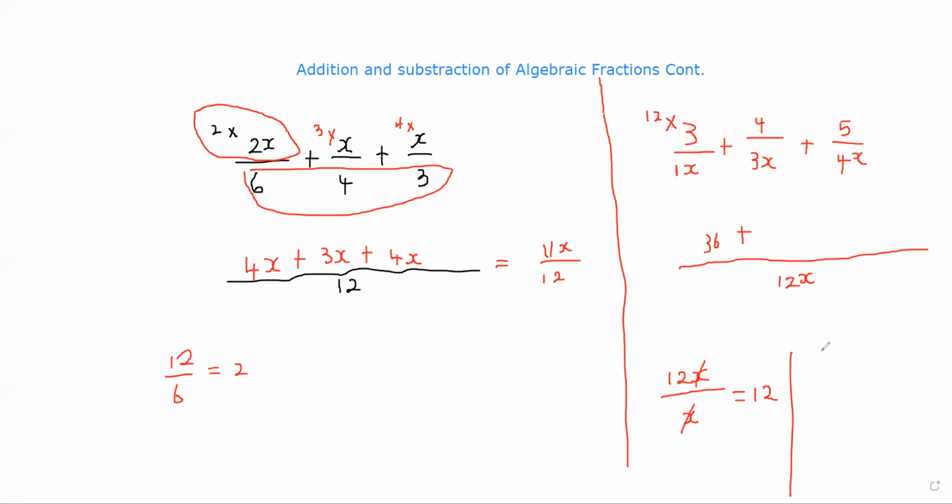Then we do the same thing with the next set. So we say 12x divided by this denominator now, which is 3x. So 12x divided by 3x as well.